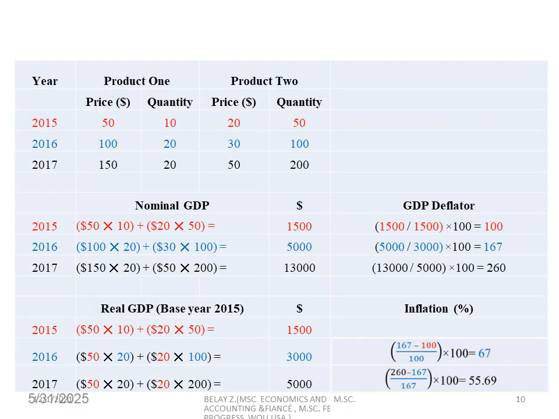With the same year, the same products, product 1 and product 2, and also the same quantity and the same price, how can we calculate the GDP deflator and inflation rate? We have calculated the GDP deflator before. That is, the GDP deflator for the base year, nominal GDP, is 100.